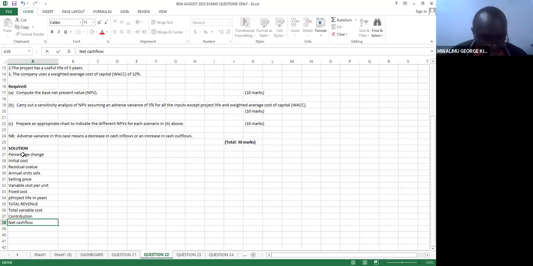Then we are going to have present values: the present value of net cash flow and the present value of the residual value.